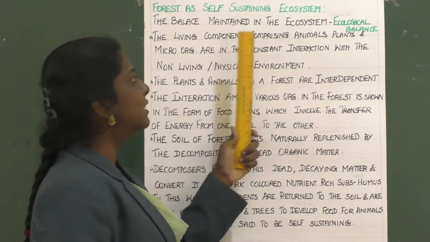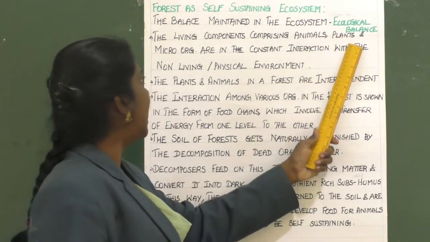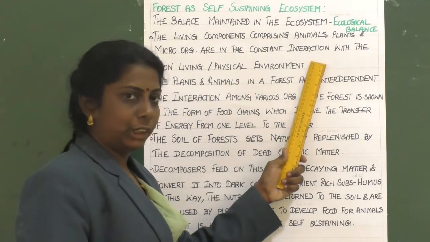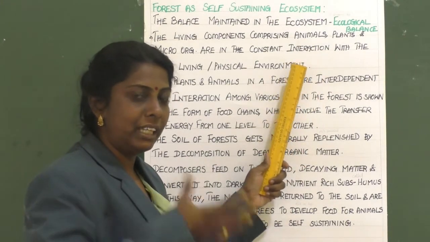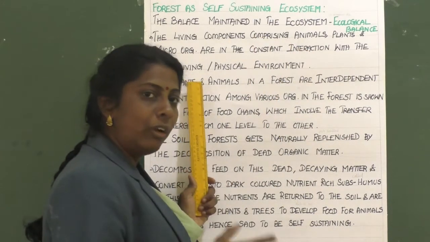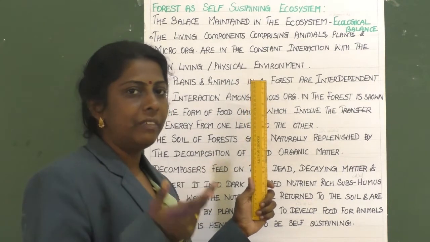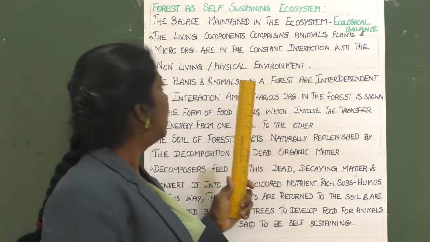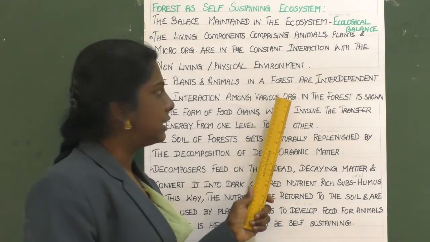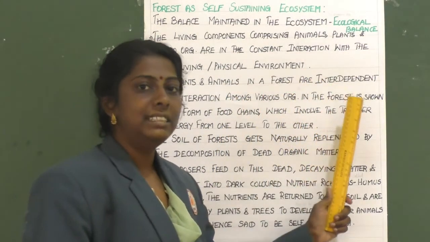The living components, which comprise animals, plants and microorganisms, are in constant interaction with the non-living or physical environment. So, both the living and non-living things interact together to bring about a dynamic physical environment. Okay. The plants and animals in a forest are interdependent.